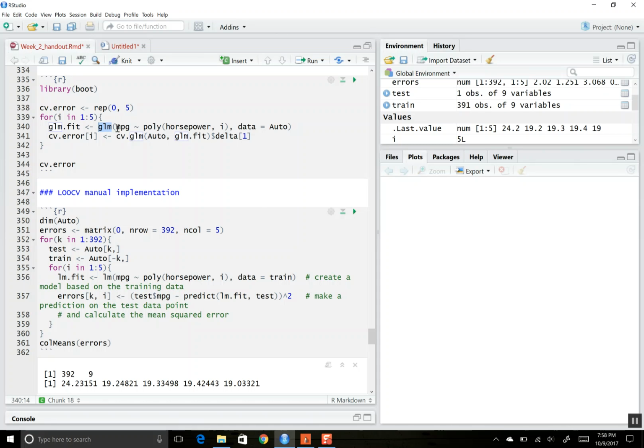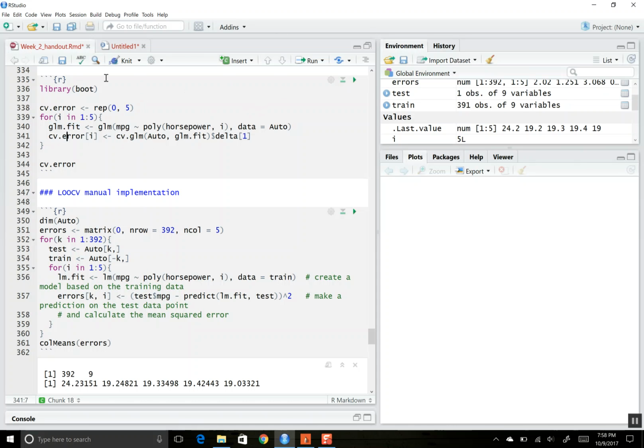So we're fitting a linear model between miles per gallon and horsepower, using polynomials of order 1 through 5 using data Auto. So this does it, and then we do glm.fit, and cv.glm does all of this work for us.